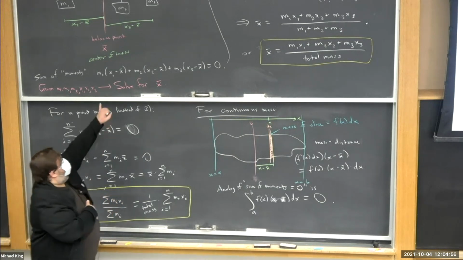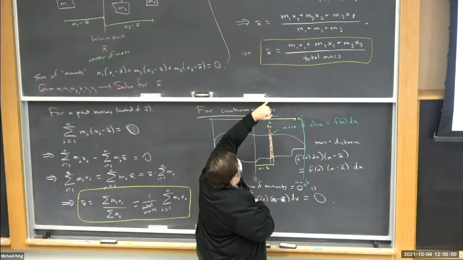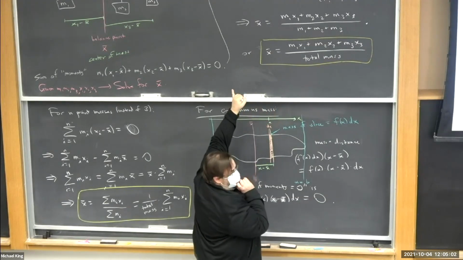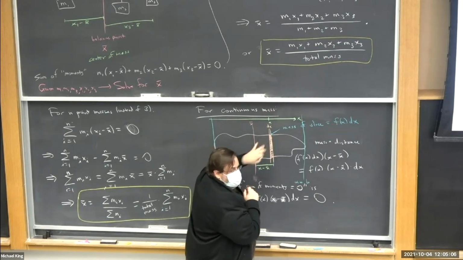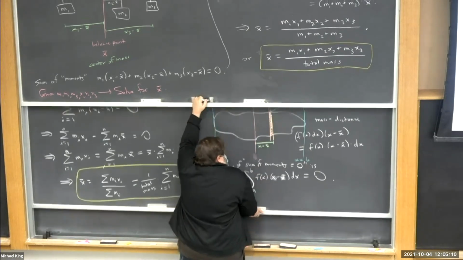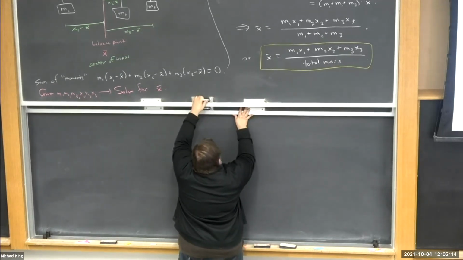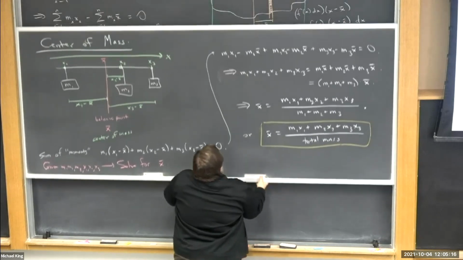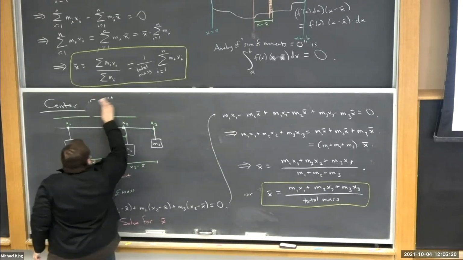Right here I multiplied through by the mass. And the two different sums, one involving x bar, one involving x1, x2, x3, move the ones with the x bar over. So you're trying to isolate x bar, right? So the same algebra steps give us the exact same thing.